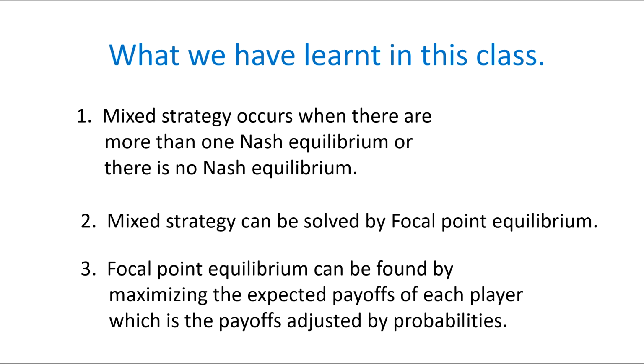And third, the focal point equilibrium can be found by maximizing the expected payoffs of each player, which is the payoffs adjusted by probabilities. So you assign the probabilities and calculate the expected payoffs of each player, and then you find the highest expected payoff of each player, and that is the focal point equilibrium and the solution of the game.